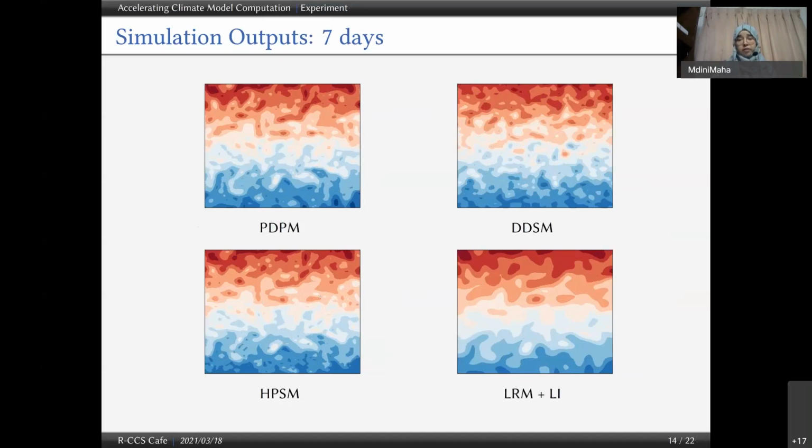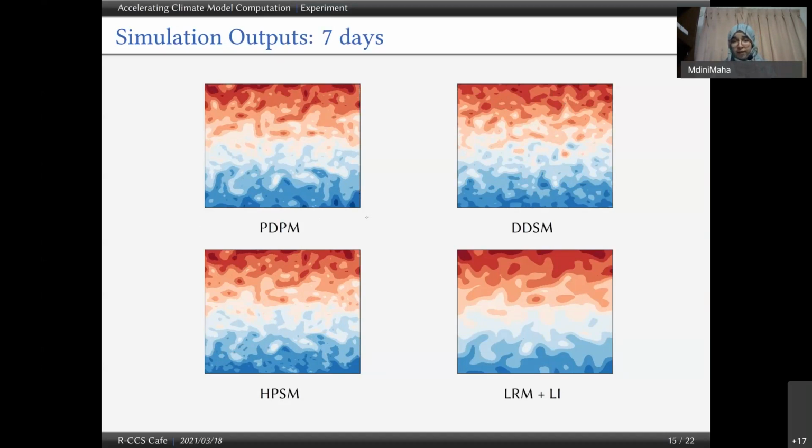Here we have the output after 7 days. So the GDSM statistical model goes very far, completely different from the PGPM, the physical model. Also, with the hybrid model, we start to have many differences. So we start to have a deviation from the physical model.